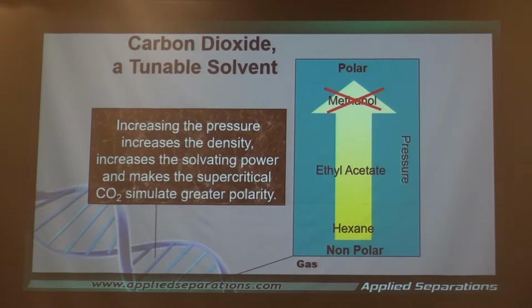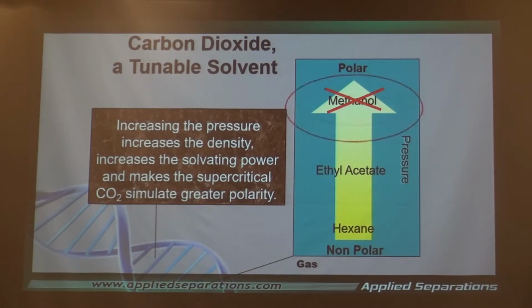As I pointed out, in our supercritical point, we couldn't reach methanol. So how are we going to extract polar compounds? As in the paper that Dr. Mukhtar gave, he talked about an extraction using a modifier.